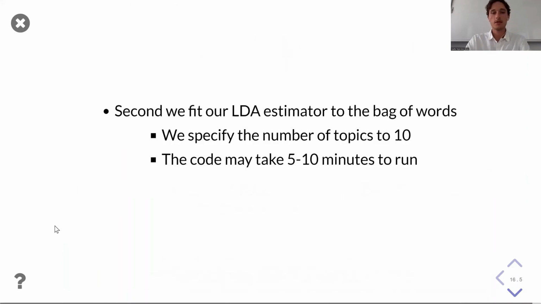So with this bag of words, we can now fit our LDA estimator to this bag of words. And we specify the number of topics to be 10. You can try to specify another number. Because it needs to go through 50,000 reviews to compare all the words that seem similar, this code may take a while. So it may take up to 5 to 10 minutes on a normal computer.